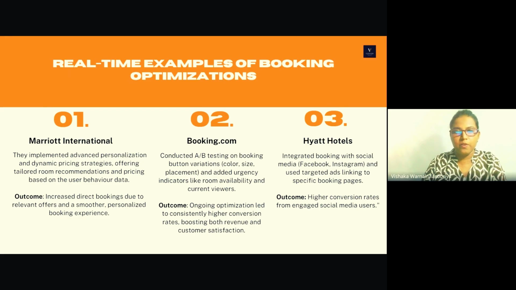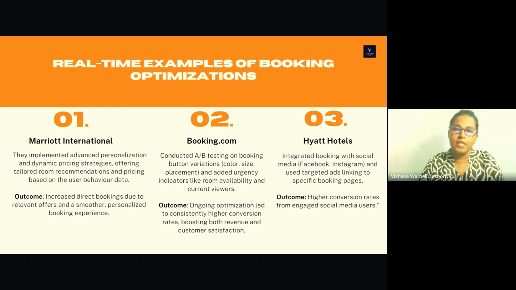This is really important because hotel websites and e-commerce websites regularly go through updates based on offers, pricing changes, and promotions. Therefore, it is good to identify visitors' behavior based on the changes you make to the website. That's how they got the advantages out of A/B testing, and they made the variations to the booking button and did the optimization.